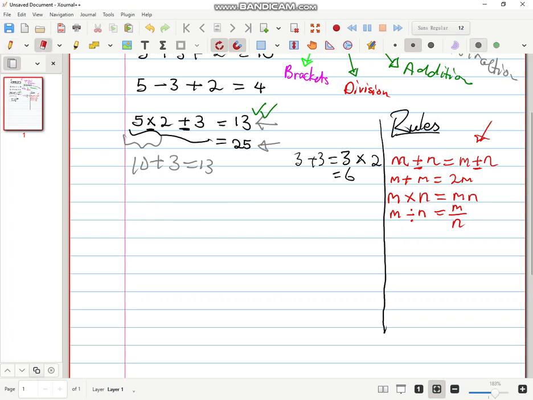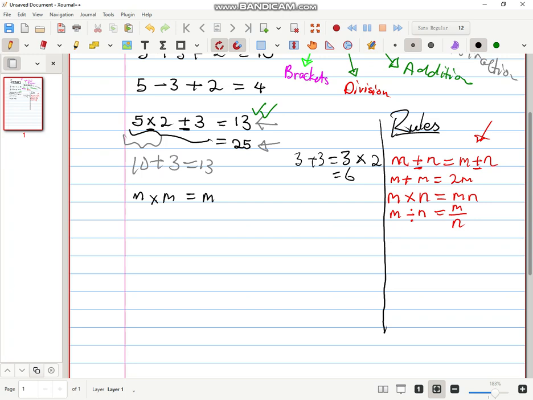Let's move on to the not so basic ones. Okay, one last thing in the linear one is m times m, right? If you have m times m, it's going to be m, because m is only one m.